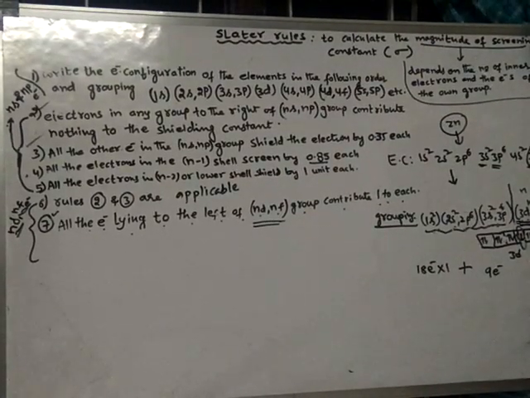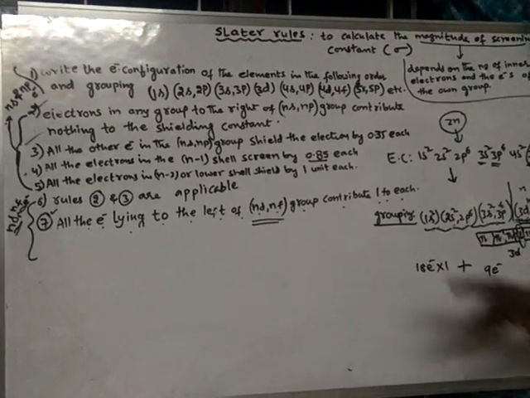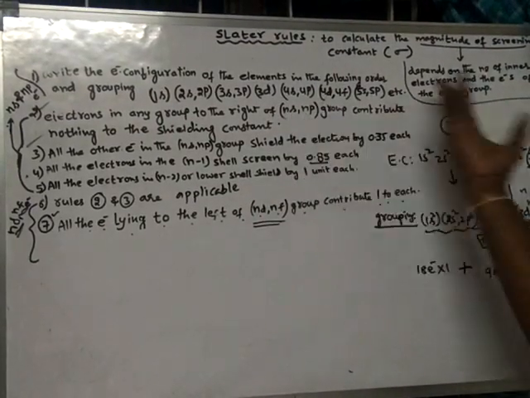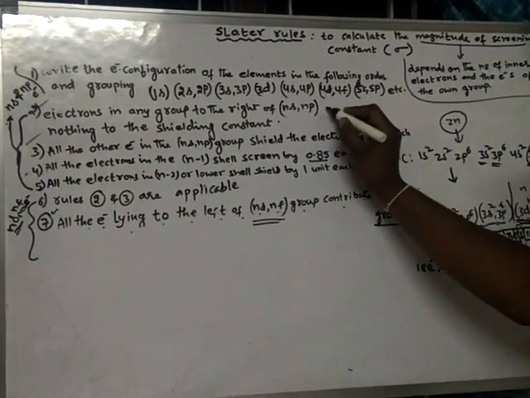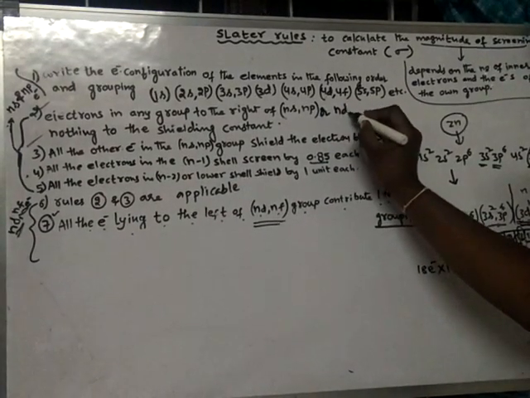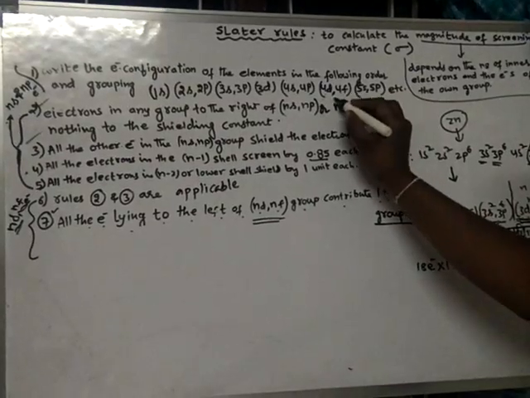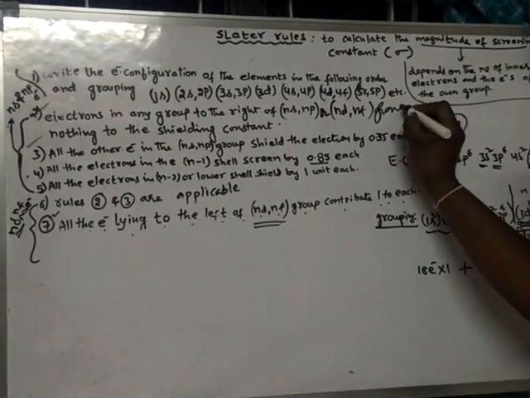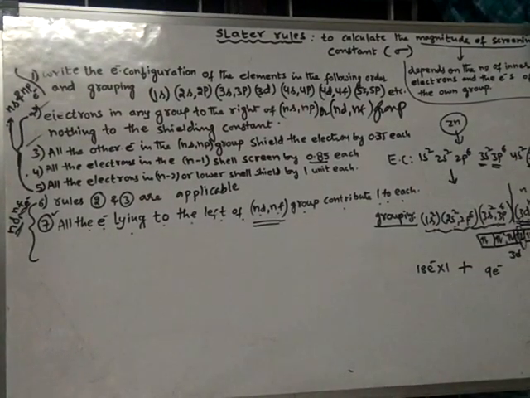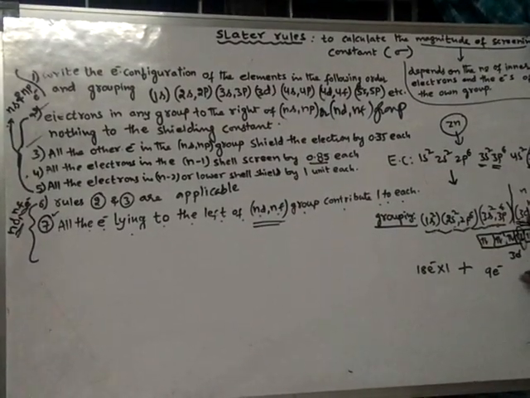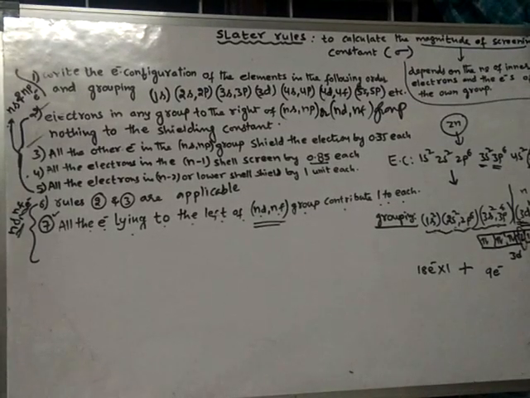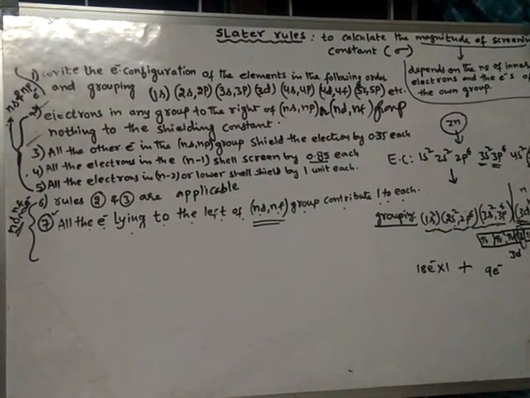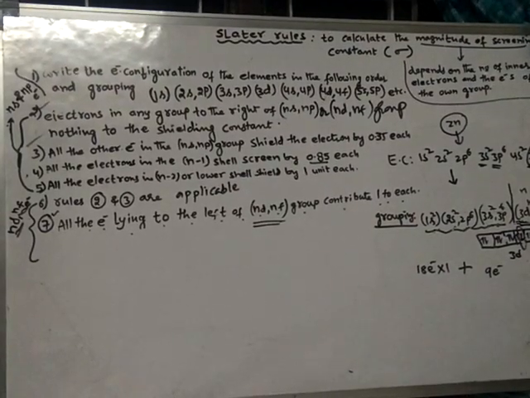The groups present towards the right of an ns-np or nd/nf group do not count. That means we should not calculate the screening constant shown by these electrons on this one. So their screening constant is 0.